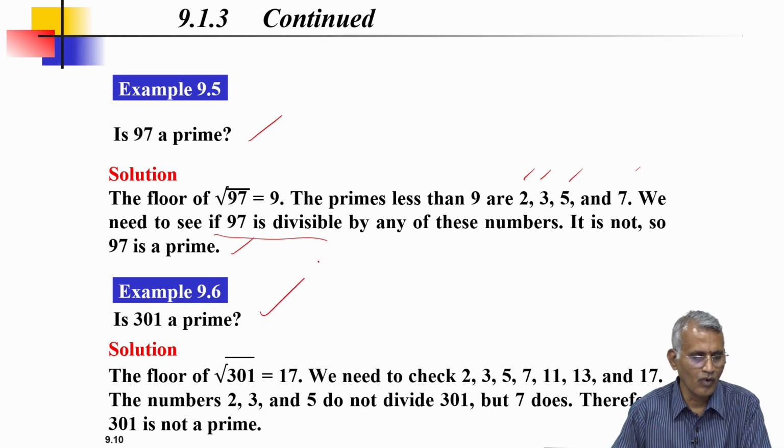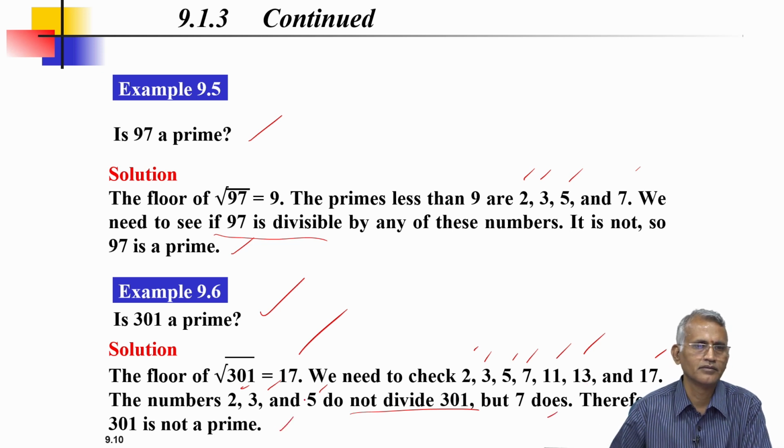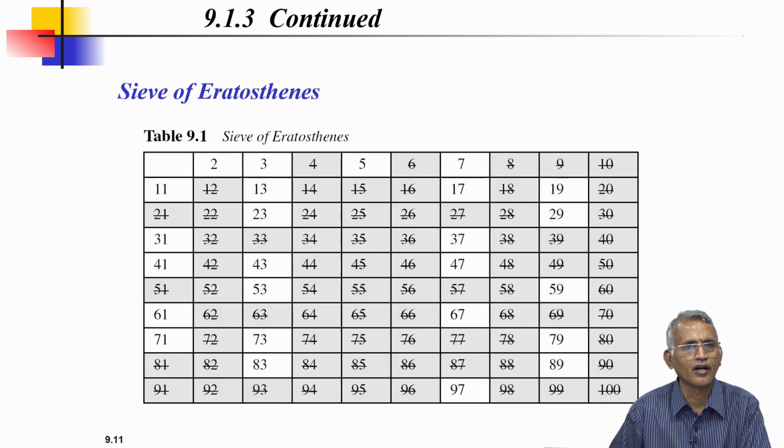Is 301 a prime? The floor of root 301 is 17. So, we need to check 2, 3, 5, 7, 11, 13 and 17. The numbers 2, 3 and 5 do not divide 301, but 7 does, therefore 301 is not a prime. Like that, we have to check whether a number is a prime or not.